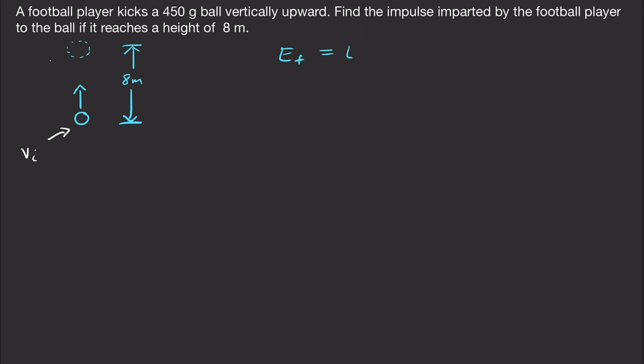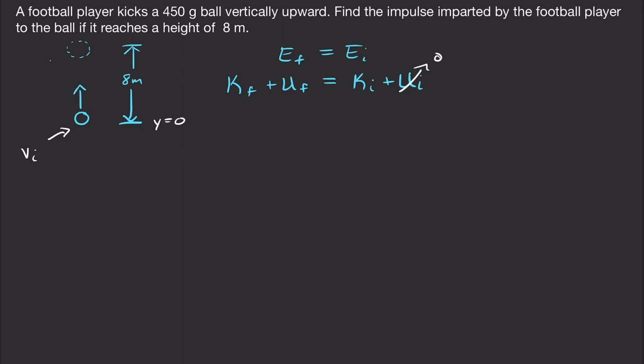To do that, we can start off using conservation of energy. So we'll use E final equals E initial. The total final energy is the sum of the final kinetic energy plus the final potential energy, and that's equal to the initial kinetic energy plus the initial potential energy. Initially, we're going to say that the ball is at y equals 0, so it has no potential energy.